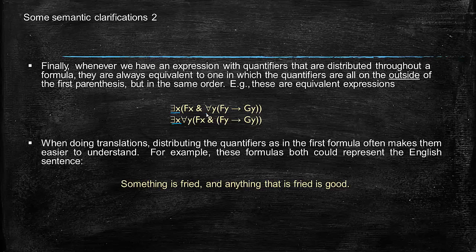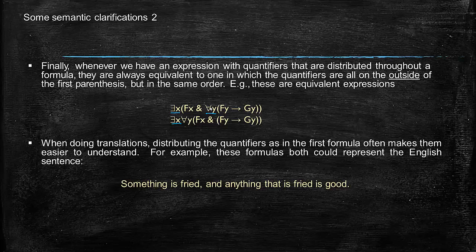But in this case, the universal is on the inside, which is fine, because the universal is binding the y still. It's not needed out here for this x. So this is a perfectly well-formed formula. This also is a perfectly well-formed formula, but importantly, they mean exactly the same thing.